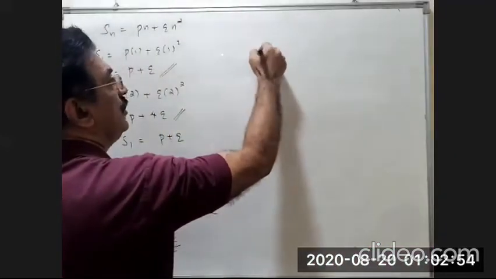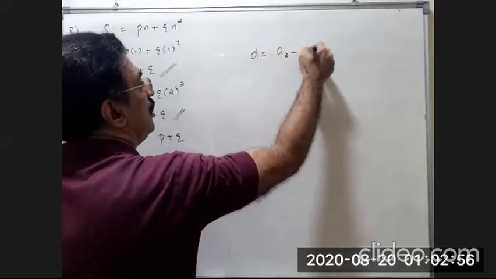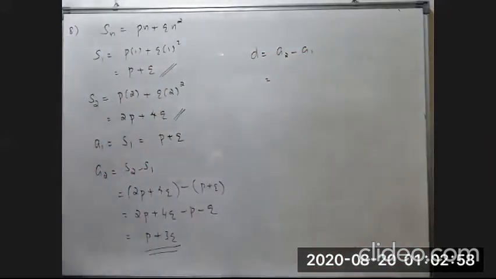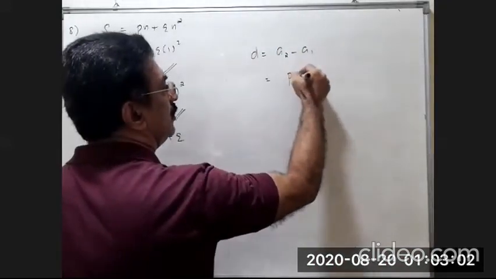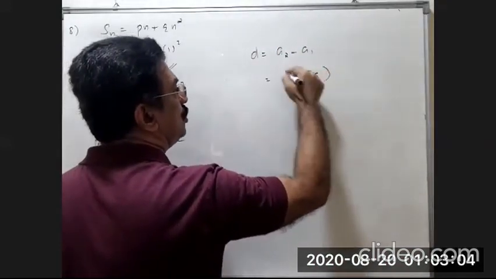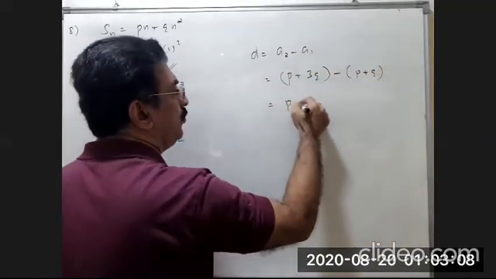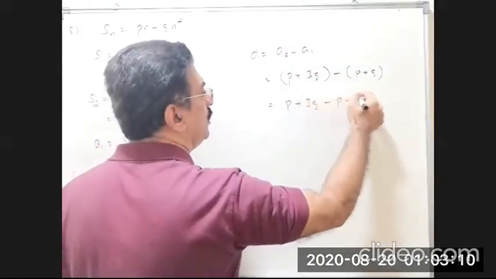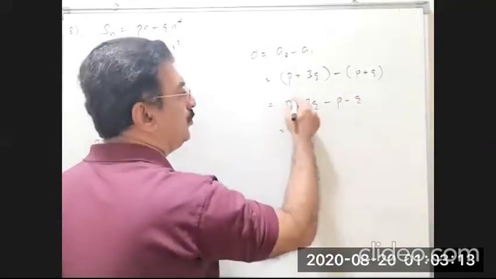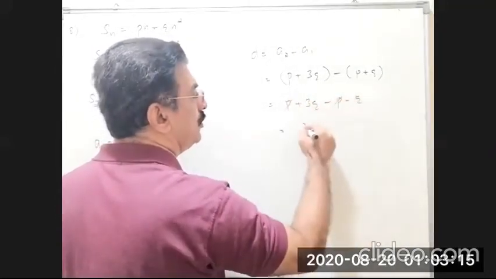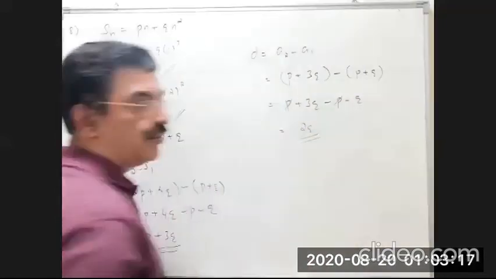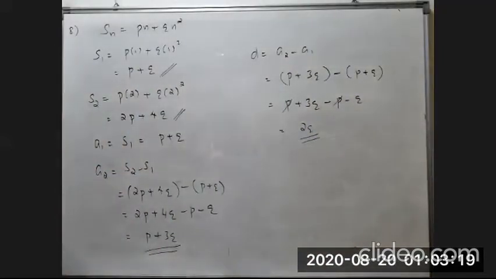D is equal to A2 minus A1, which is P plus 3Q minus (P plus Q). P plus 3Q minus P minus Q. P minus P is zero, and 3Q minus Q is 2Q. Therefore, D is equal to 2Q.